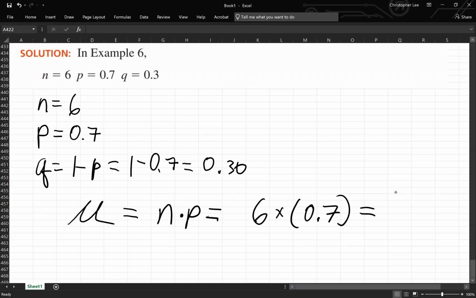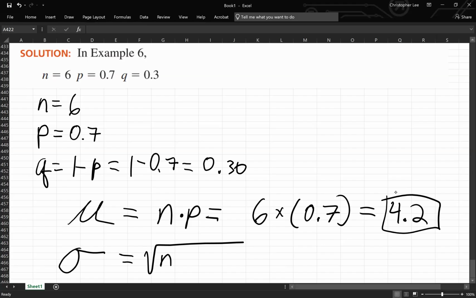And that's it. 4.2. That's the answer. That's mu. Sigma is equal to the square root of n times p times 1 minus p.